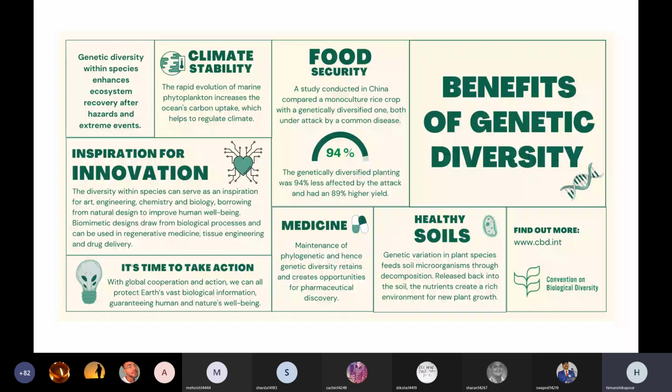You can take the example here that rapid evolution of marine phytoplankton actually increases the ocean's carbon uptake. Here a phytoplankton, which is an aquatic plant, is evolving. That evolution, or that change in the gene expression, is making it able to increase the ocean's carbon uptake. So it is again helping to regulate the climate change.